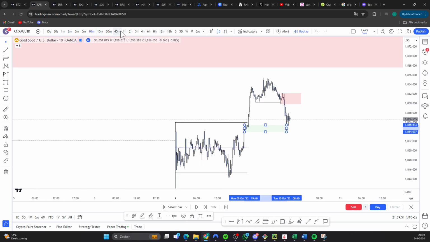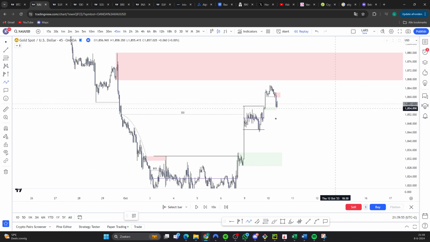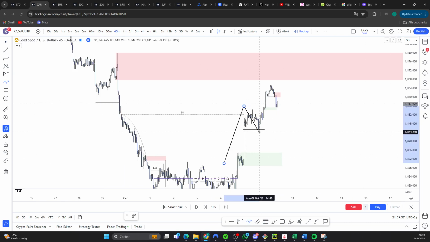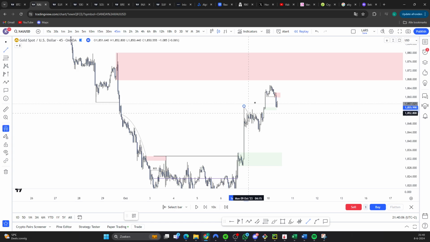Since on the higher time frame, it can still just be higher low for higher highs. Let's get rid of that. Let's make this one line.